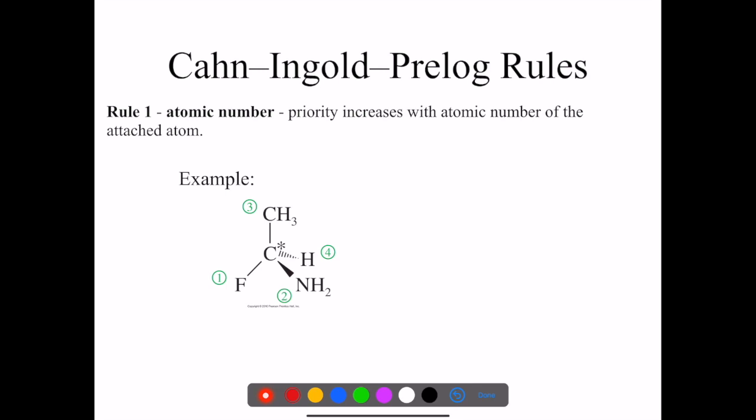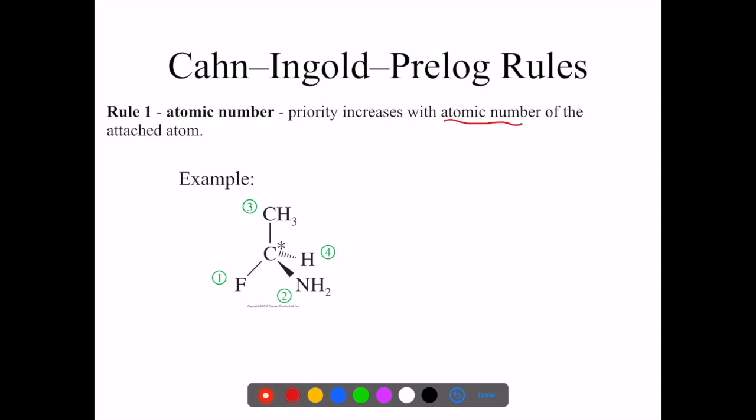So these rules, I'm going to go through these quickly. It's just a review. We did this with alkenes. The rules are that you first assign priority by atomic number.